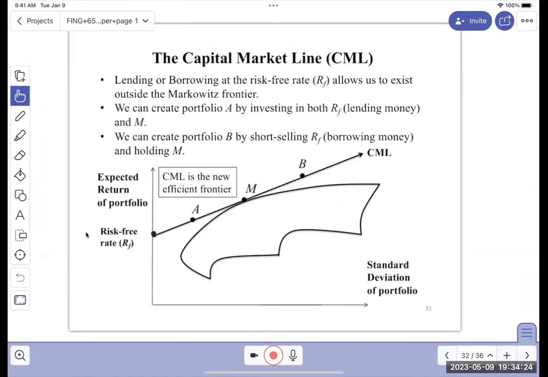Questions so far? I know it's kind of hard to ask a question, but do you follow me so far? So all risky assets are in M in some combination. And A and B and all the other alternatives in between are some combination of the risk-free and the risky assets.